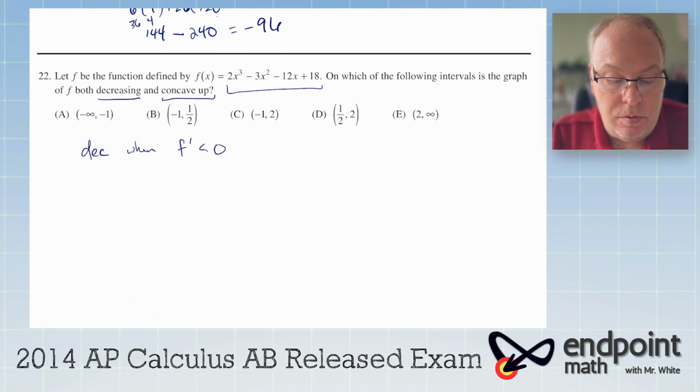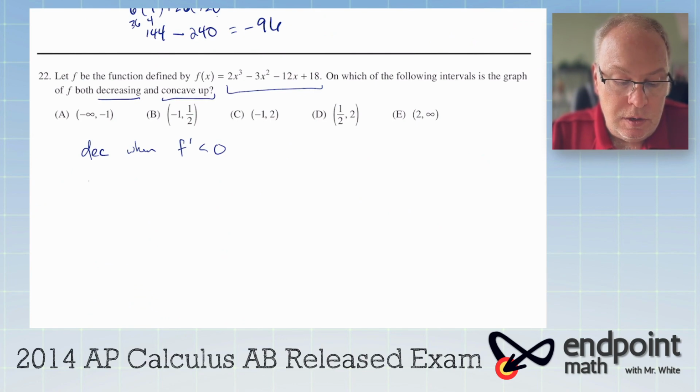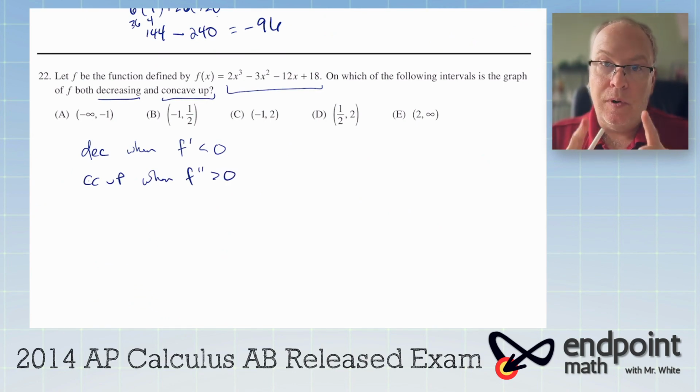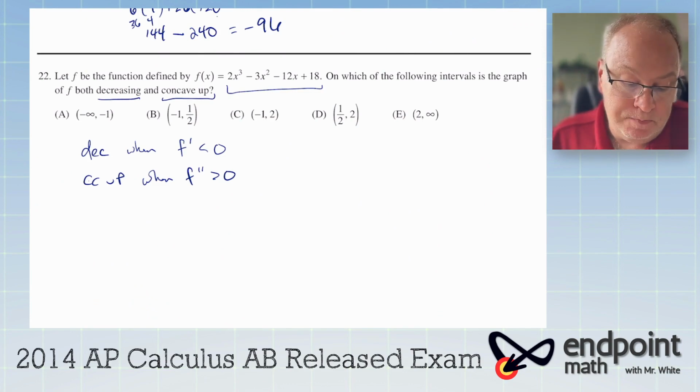And also, the original function is concave up. So it's going to be concave up when the second derivative is positive. So we're going to have to do both derivatives. We're going to have to do sign charts on both of them and figure out the overlap. That's the strategy. You kind of have to have a game plan going into these, right?